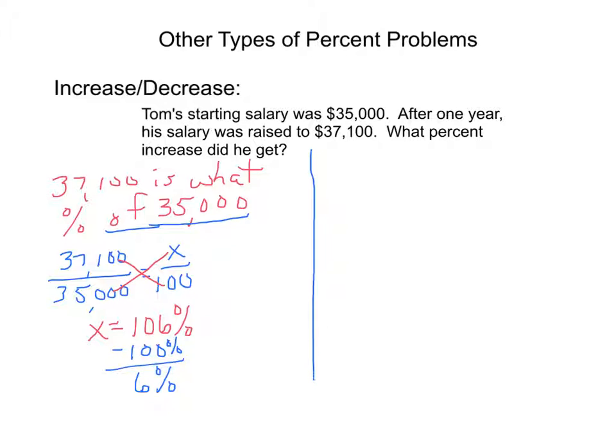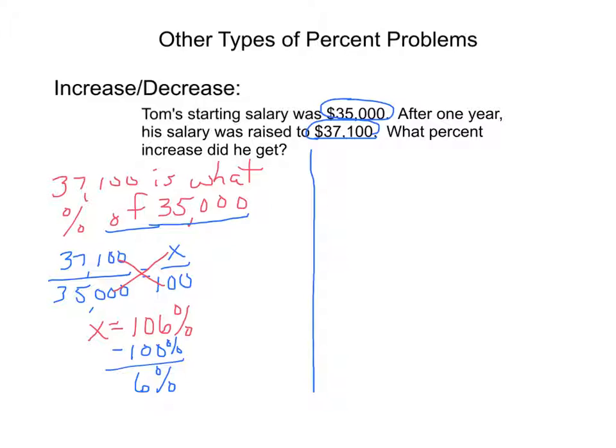For that reason, I oftentimes do increase-decrease problems a different way. Instead of comparing exactly what was given, his salary was raised to $37,100, I figure out the actual difference between the increased price and the original price.